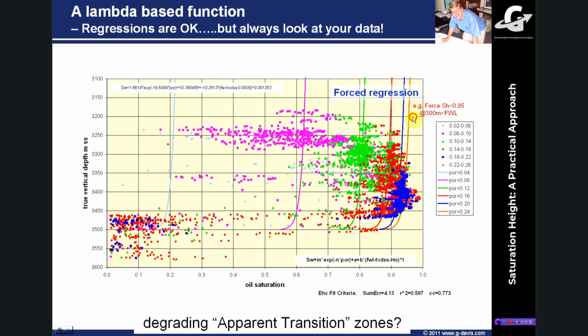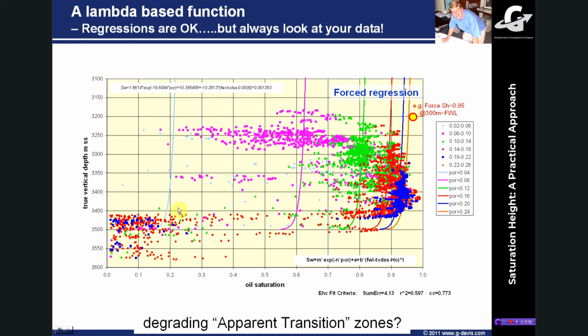So I said at 600 feet above the transition zone, above the free water level, force this point to be less than 95%, and then you can run the analysis that way, and it gives you a more reasonable looking set of curves.